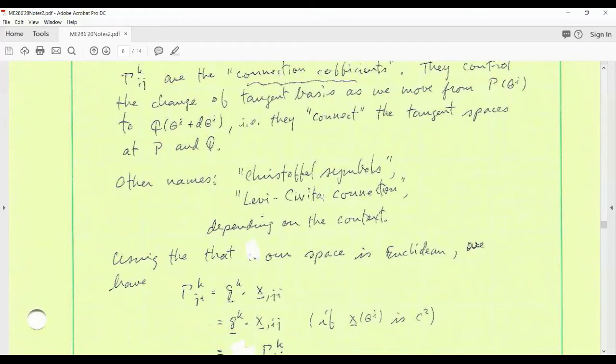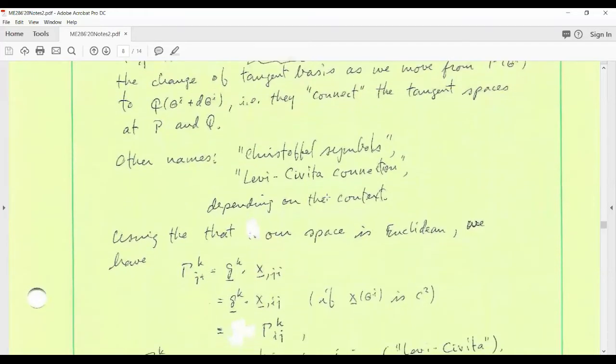Levi-Civita is a famous Italian mathematician who worked to lay the foundation of tensor analysis and differential geometry. He was a student of an Italian mathematician named Ricci, R-I-C-C-I, who really organized tensor analysis and differential geometry into a major branch of mathematics.